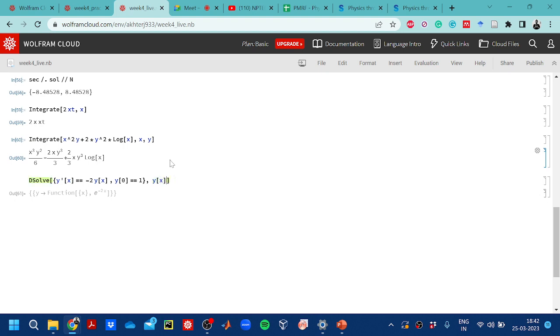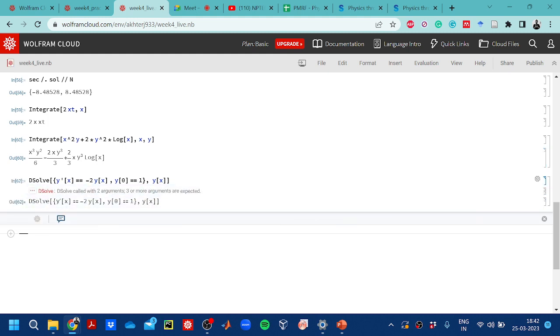If we don't write x here, it will give us an error. So basically the DSolve command comes with three arguments. The first argument is the equation that you want to solve. The second argument is which variable you want to get the form of, and the third argument is your independent variable.